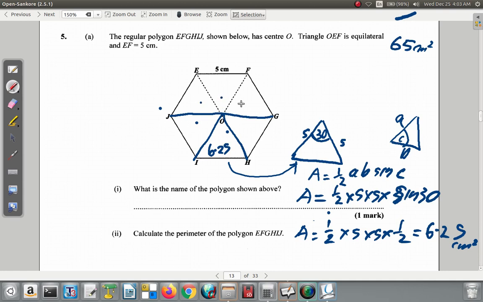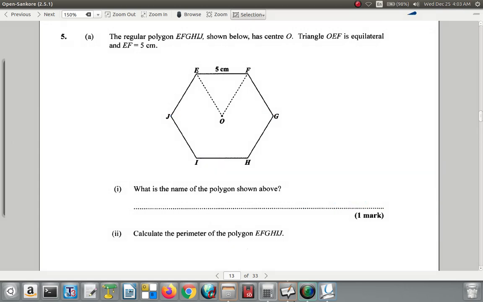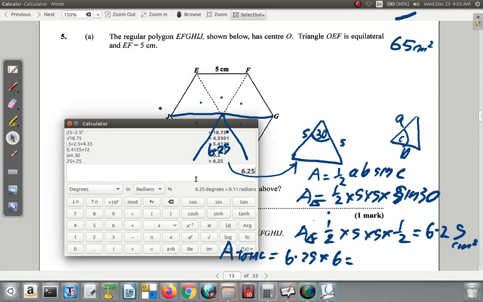So it's this. How many of them? 1, 2, 3, 4, 5, 6. You have 6 of them. So the total area, remember this is the area of each triangle, not the whole polygon. So the total area of the polygon would be 6.25 by 6. So you would multiply 6 by 6.25 here.